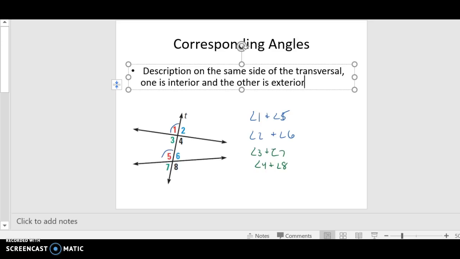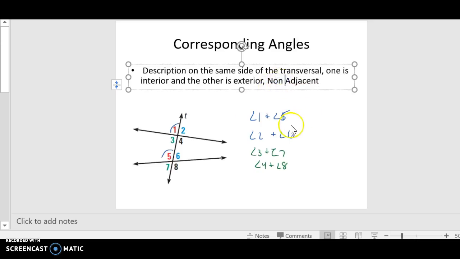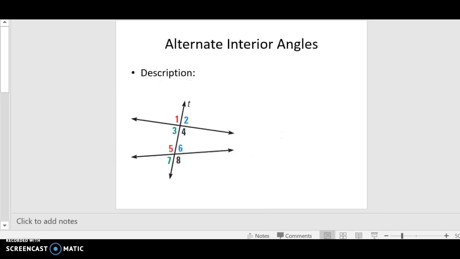But it's also important to understand that these are non-adjacent angles, meaning they do not touch each other or neighbor each other. So these are corresponding angles.